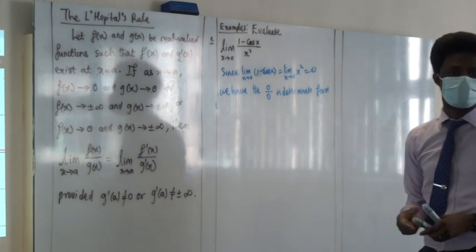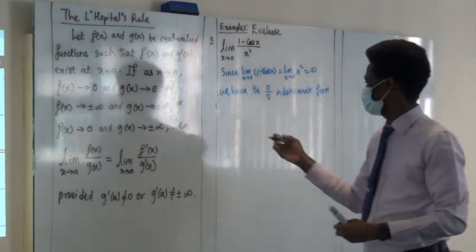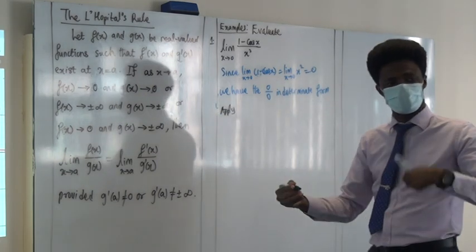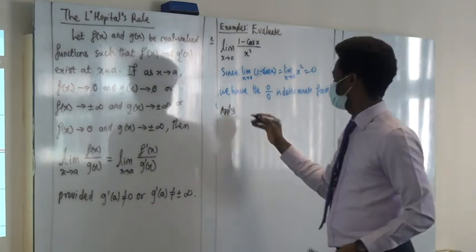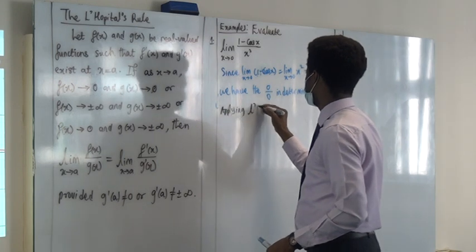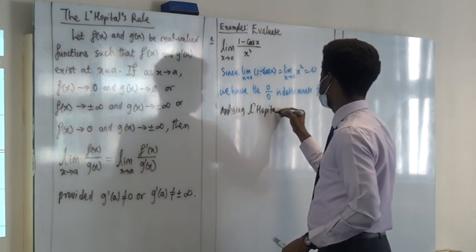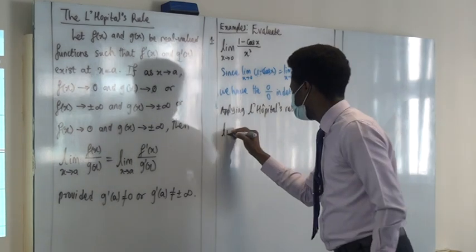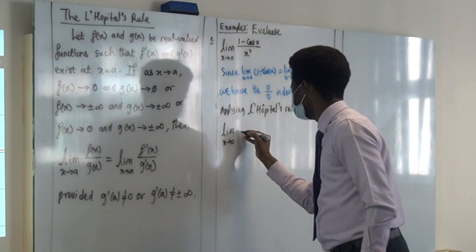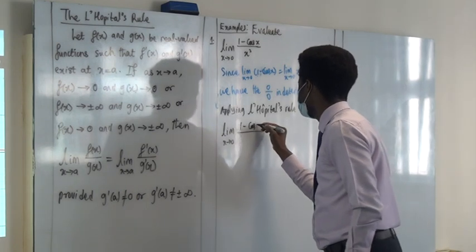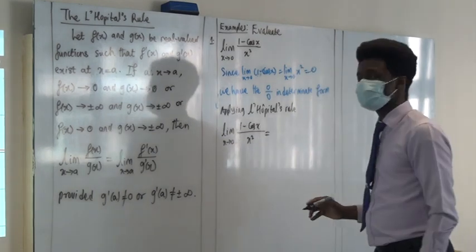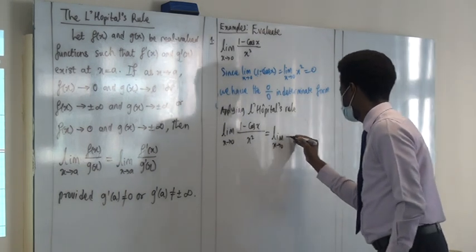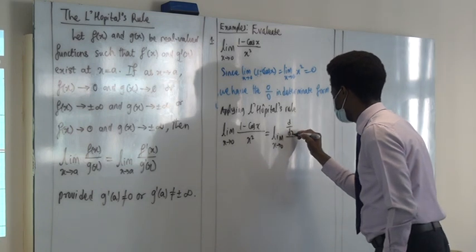Okay, so that gives us that. So we apply L'Hôpital's Rule. Applying L'Hôpital's Rule, I'm just writing all these details so that when you are reading it on your own, the original limit will be the same as the limit when I decide to differentiate these functions.